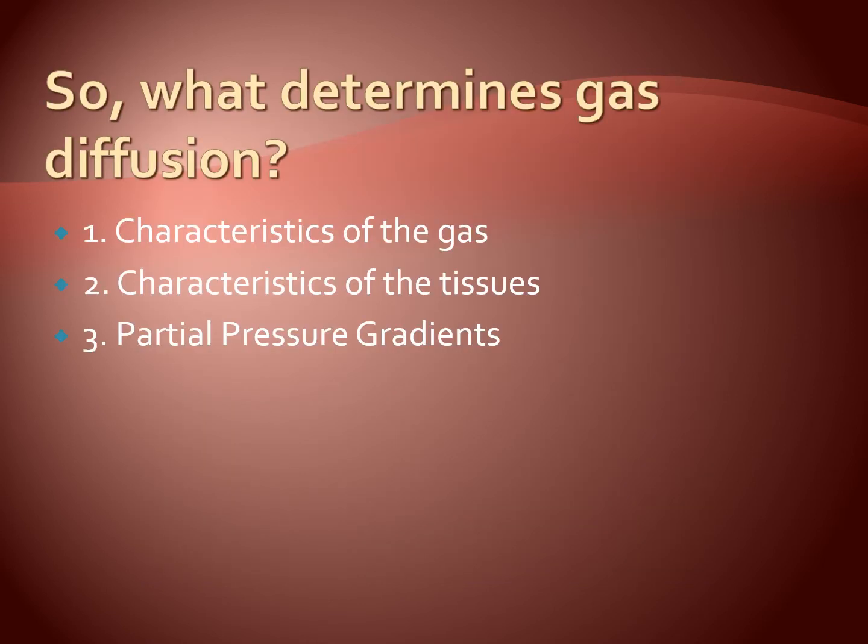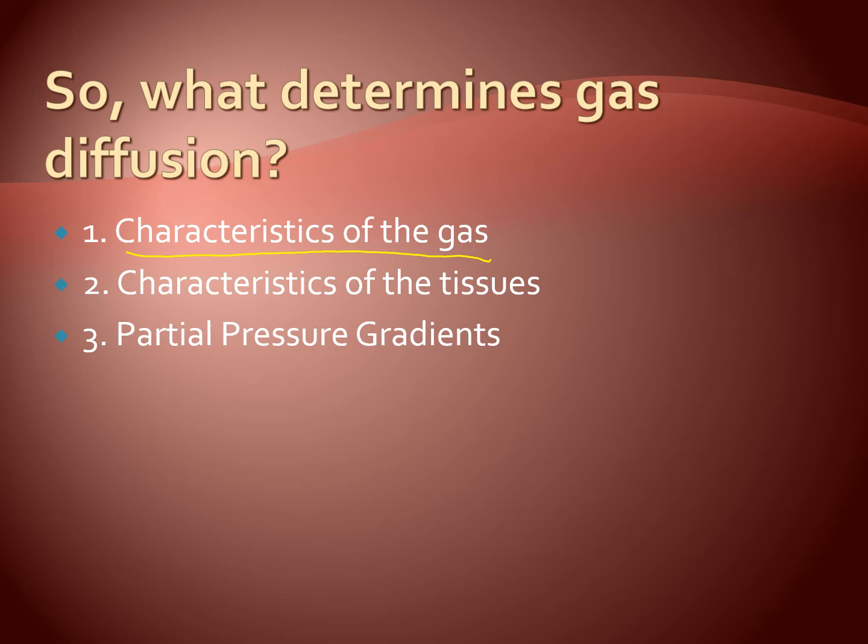All right, so when we've looked at this, what determines the amount of gas diffusing into the bloodstream? Well, the characteristics of the gas itself. We talked about that with carbon monoxide having a different characteristic than oxygen, the characteristics of the tissues, of course, and of course, partial pressure gradients.